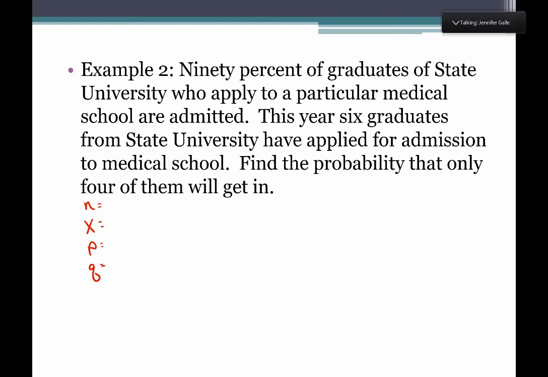All right, so N is our number of trials. We have 6 graduates applying. How many successes do we want? 4. What's the probability that they do get in? 90%. So the probability they don't get in? 10%. Awesome.